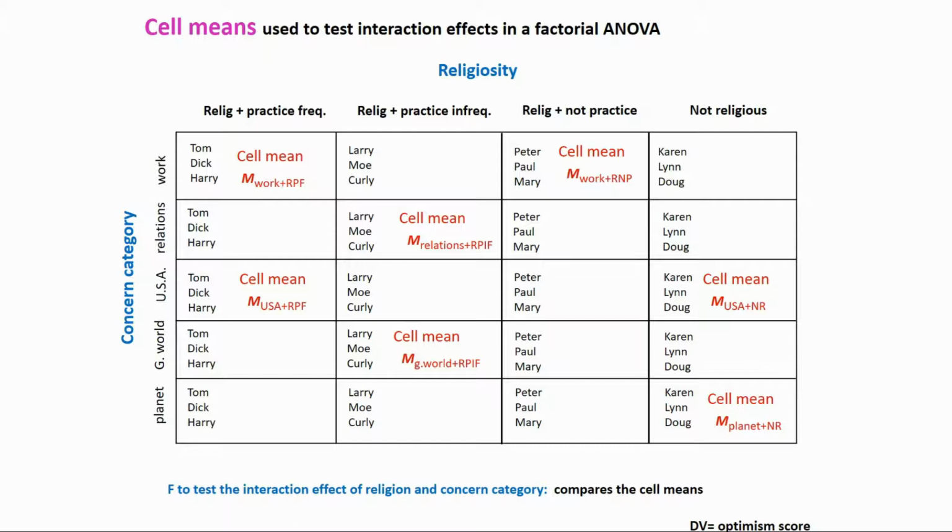But you could reverse that, and you could say the effect of concern category on optimism depends on which of these individuals you look at, so religious practicing infrequently, etc. So just in general terms, we can say either the effect of variable A depends on variable B, or the effect of variable B depends on variable A. Now, I'm going to show you how you would go about analyzing each possibility.